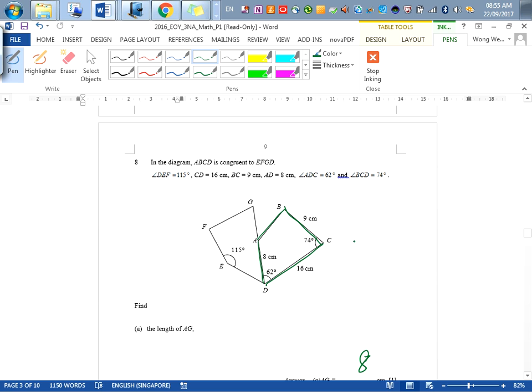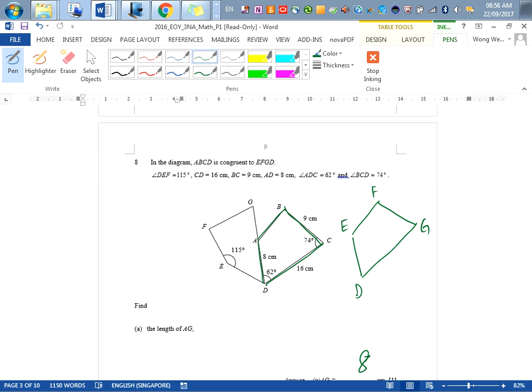Then I'll draw another one exactly the same. So instead of calling this A, B, C, D now, I call it E, F, G, D. Same orientation, same size because they are congruent.